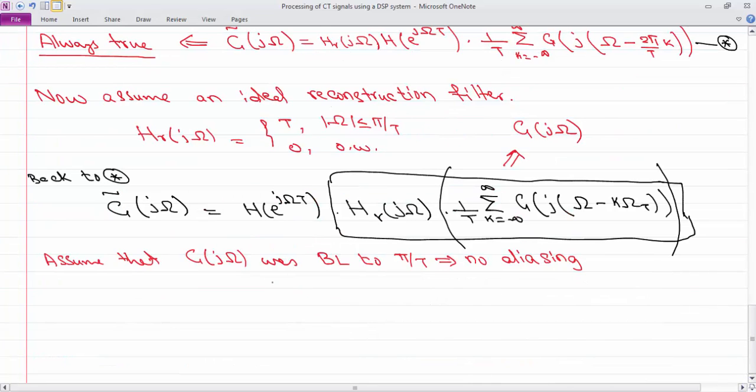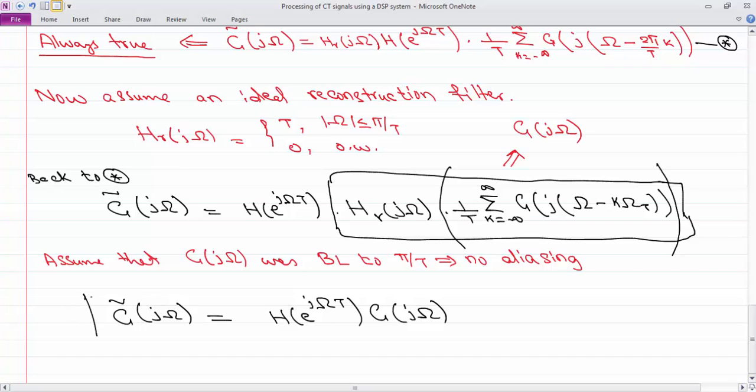So under the assumption that your input signal was band limited to pi by T, you had no aliasing, or you satisfied the Nyquist criterion, what we end up getting is that G tilde of j omega equals H of e to the j capital omega T times G of j omega. And this is in the form that we wanted.